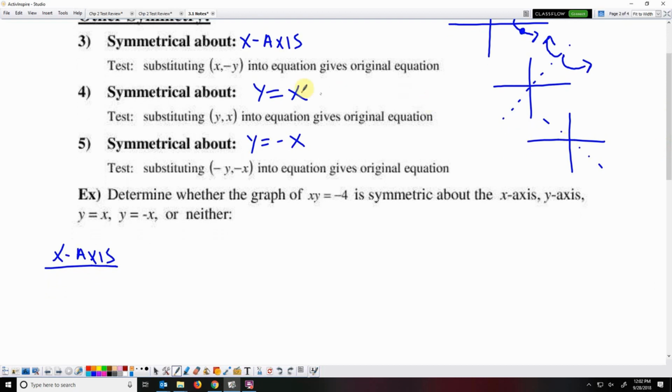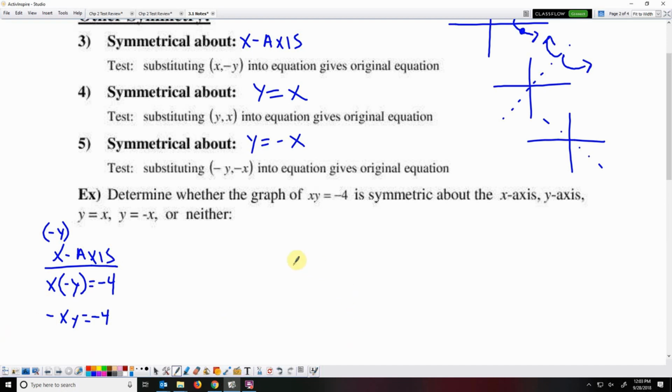So I'm going to take every x and leave it x, and take every y and make it the opposite of y, and see if it mathematically equals the same as the original function. So x times the opposite of y equals -4. Okay, so for testing the x-axis, it's the opposite of y. X times -y is -xy, and that does not equal the original function. So there is no symmetry about the x-axis.